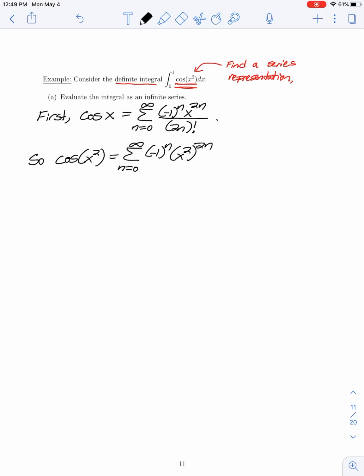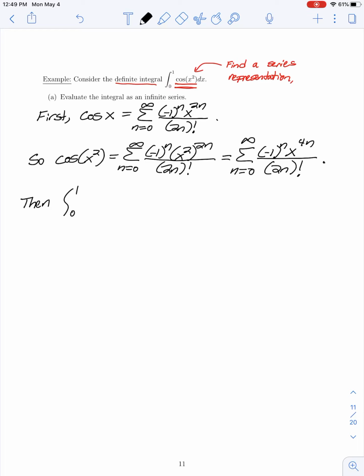So we have x squared to the 2n over 2n factorial, or simplifying a bit, this is the sum from 0 to infinity of negative 1 to the n times x to the 4n over 2n factorial. Now we're supposed to integrate this function. So let's look at our definite integral.